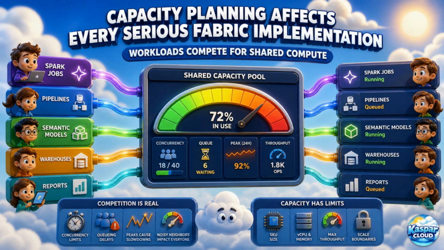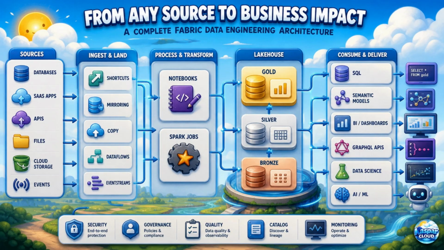A complete Fabric data engineering architecture usually begins with source systems such as operational databases, SaaS applications, APIs, flat files, cloud storage platforms, and event streams. Data enters Fabric through shortcuts, mirroring, copy job, copy activity, Dataflows Gen2, event streams, notebooks, or Spark job definitions.